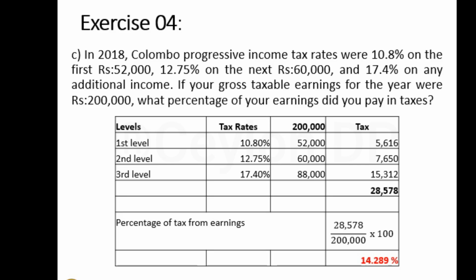In the second level, for the 60,000, they are calculating 12.75%. And in the third level, the balance is there. You have to subtract 52,000 and 60,000 from this 200,000, and the balance is this 88,000.